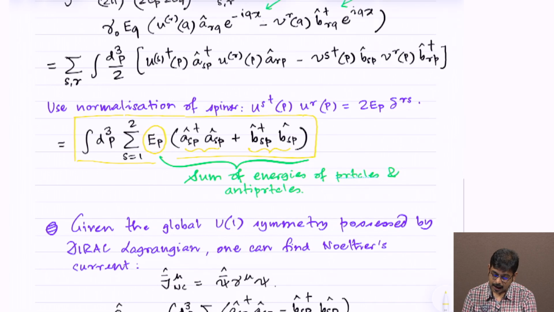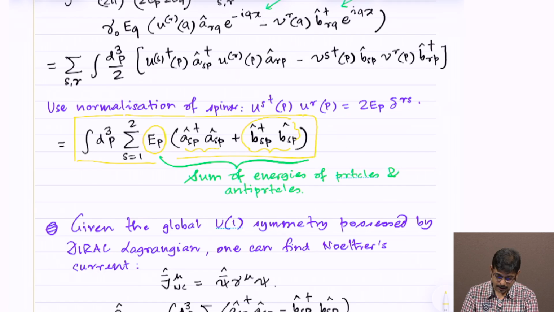This is basically the occupation number for the particles, ASP dagger ASP, where BSP dagger BSP is essentially the number of antiparticles. So, you can say the Hamiltonian nicely describes the sum of energies of the particles and antiparticles.